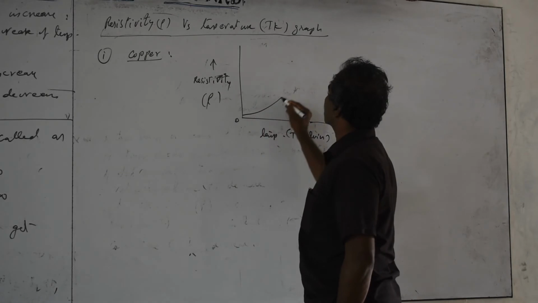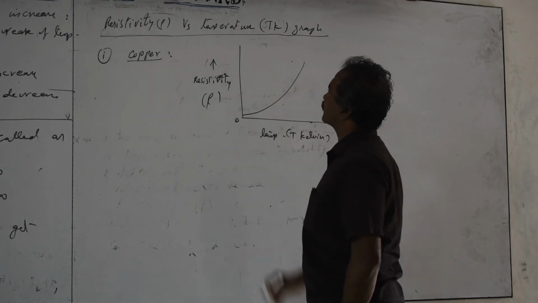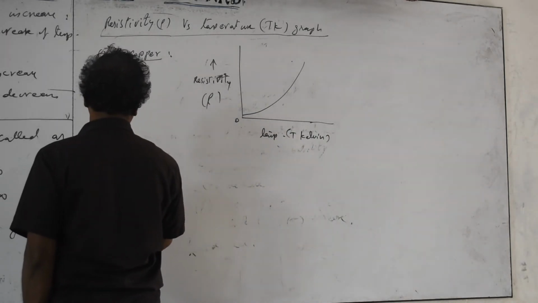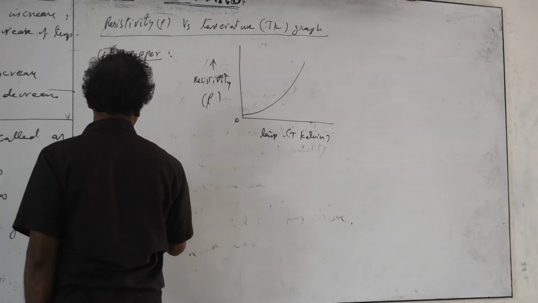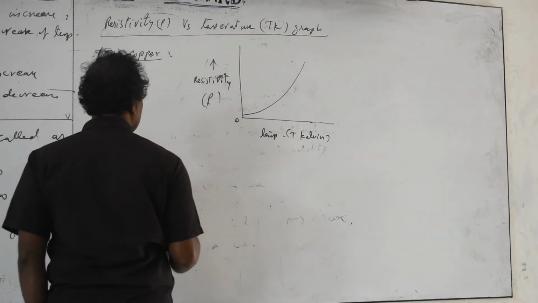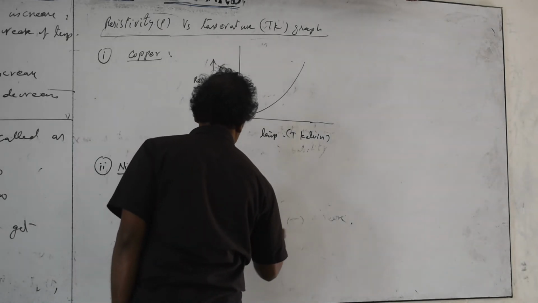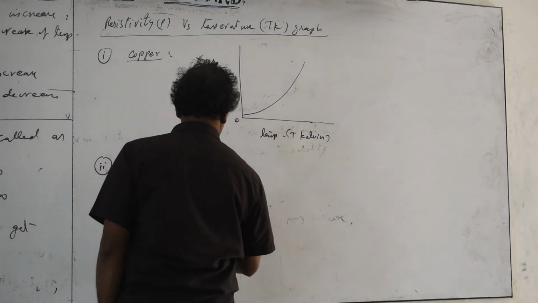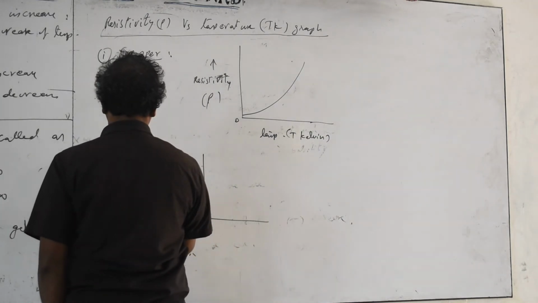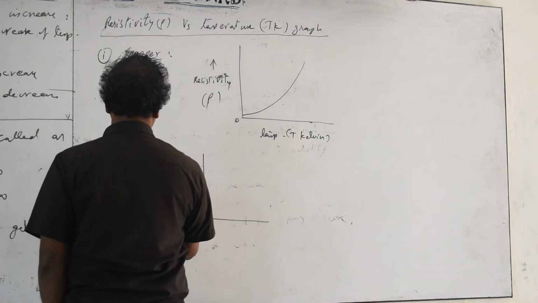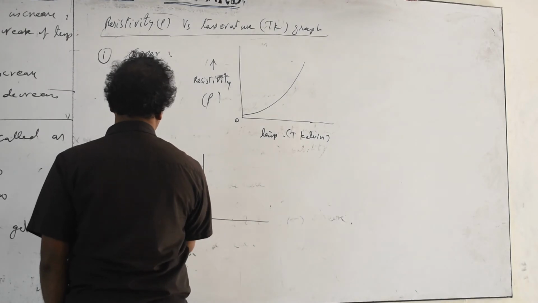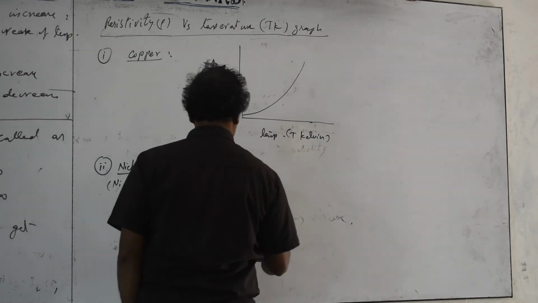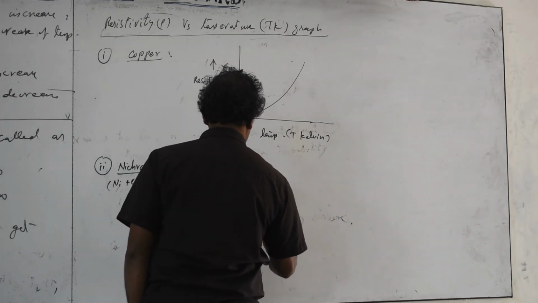The graph is not a straight line, it is slightly curved. In the NEET exam they asked for copper. Next, for manganin, an alloy of nickel, chromium and iron, the graph is a straight line, resistivity versus temperature in Kelvins.